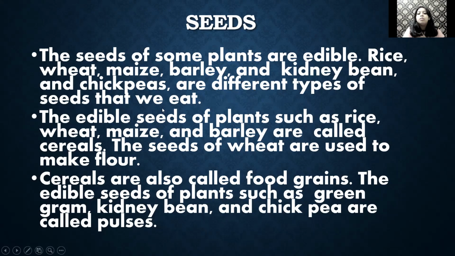Now, the edible seeds of plants such as rice, wheat, maize, and barley are called cereal. Why are they called cereal? The seeds of wheat are used to make flour. So when you grind wheat, it becomes powder, isn't it?